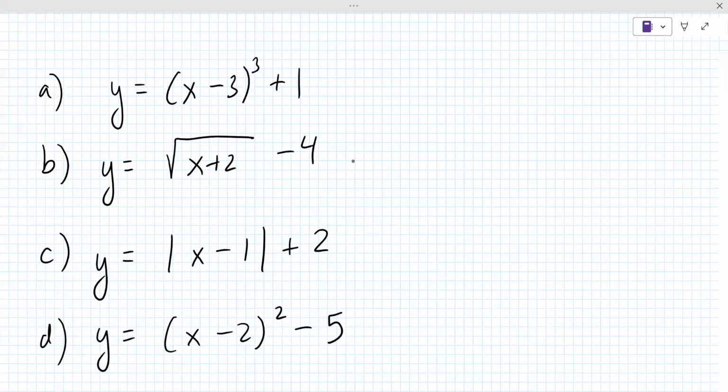Okay. For each of these, there's a transformation right or left, and then up or down. I want you to give this a try, please.